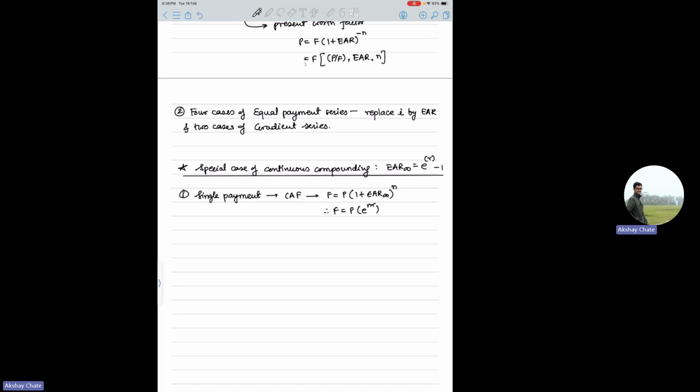So basically, if you have this table for a given r, you can write it as F by P, comma, r comma n, right? Because for given r and n, you have this.